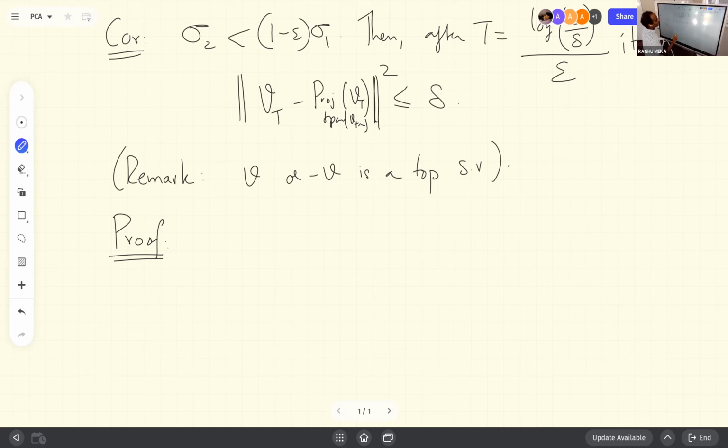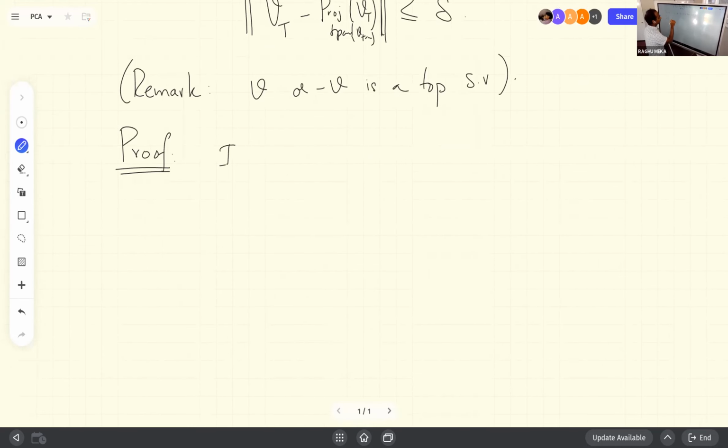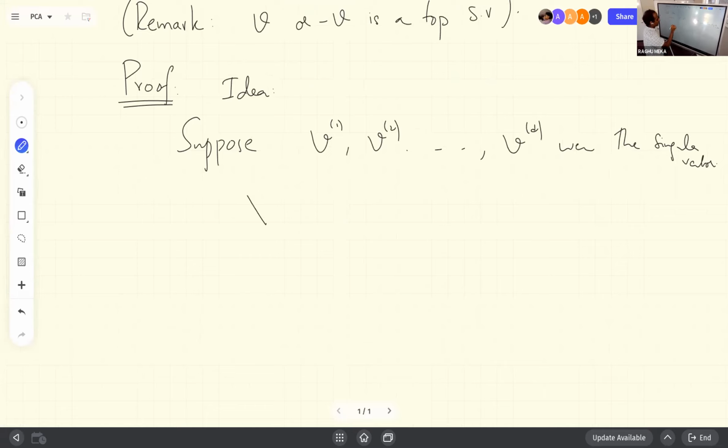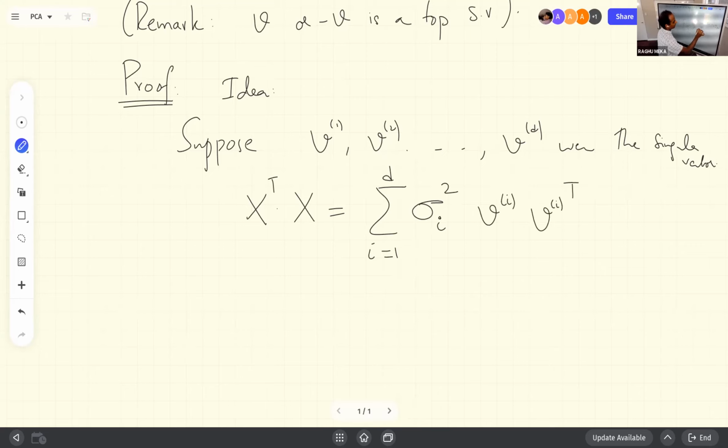Okay? So let's go back to the idea behind power iteration. So what was the idea? So suppose that V1, V2, all the way up to Vp were the singular vectors. Okay? And in last class we showed that X transpose X, what was this matrix? This was a matrix which had a very nice expansion in terms of these true singular vectors.